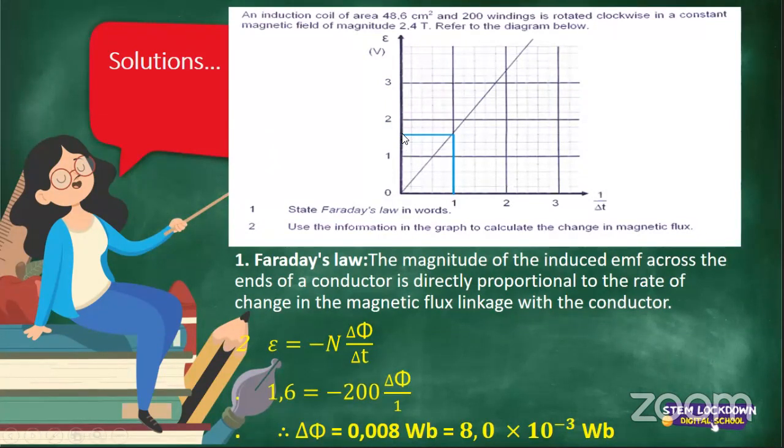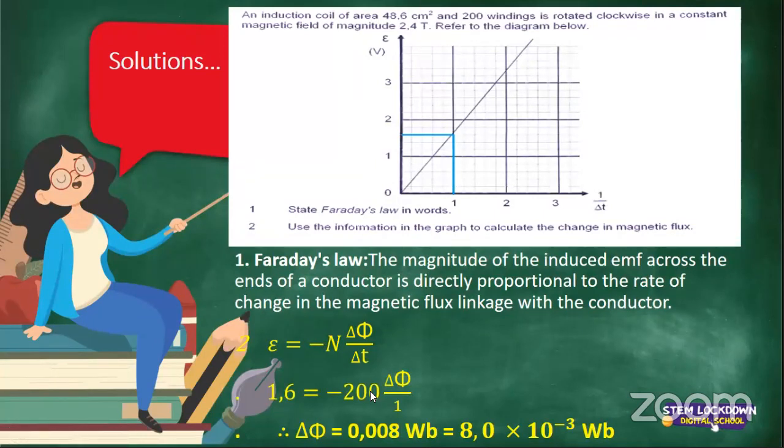Now, the blue line is indicating that the EMF is 1.6, and the number of windings, N, is 200, so it's 200, and then we are looking for magnetic flux linkage.